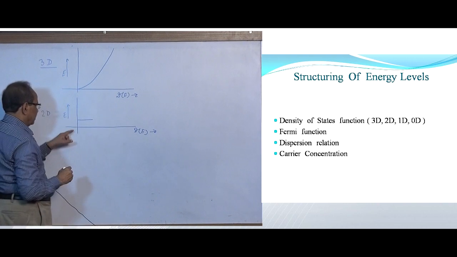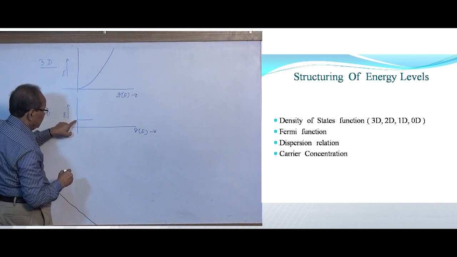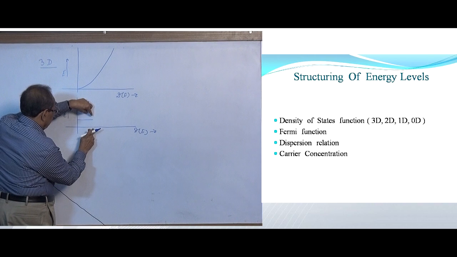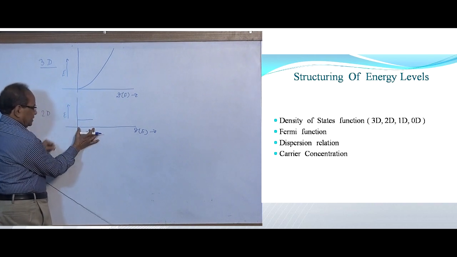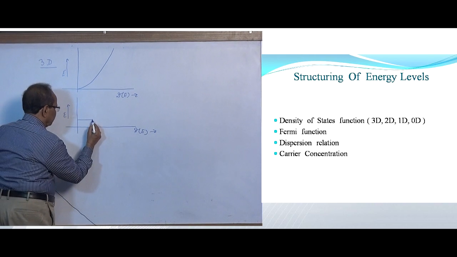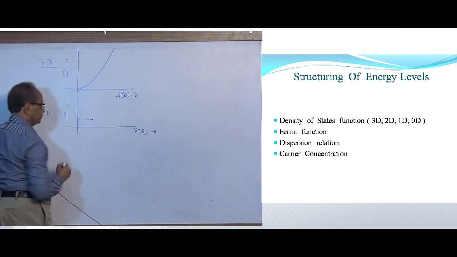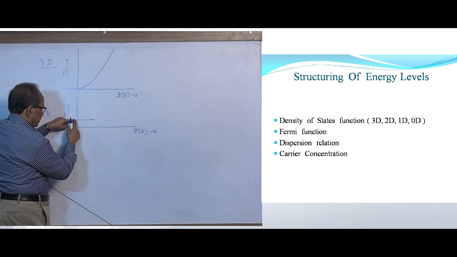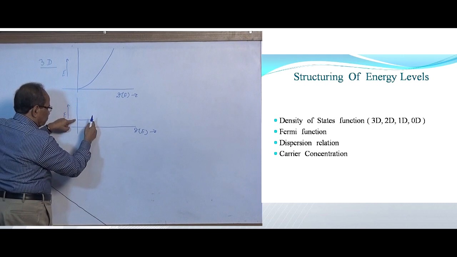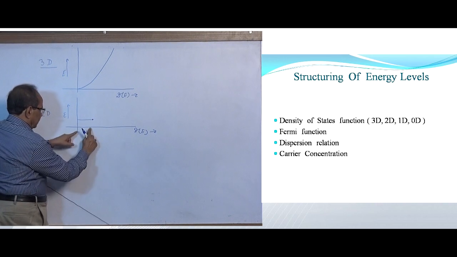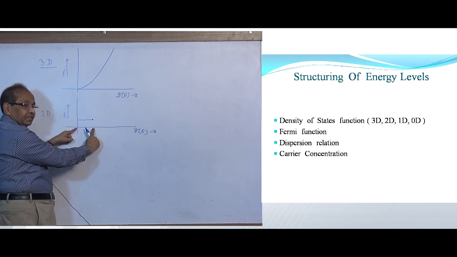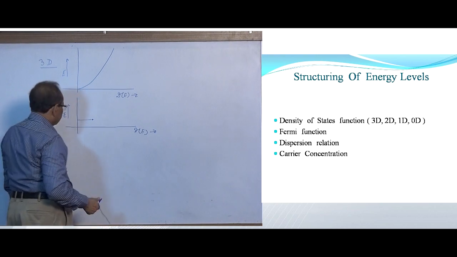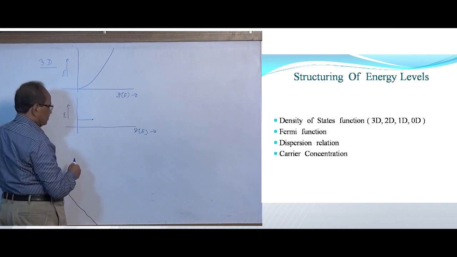All of a sudden, at this value of E, the density of states looks like this. This is the energy value and this is the density of states value. So at this energy, all of a sudden it jumps to a very high value. This value, this is the density of states. But below that, nothing.